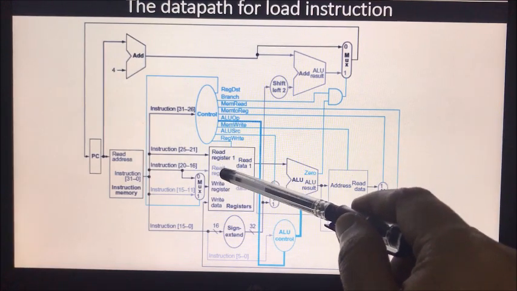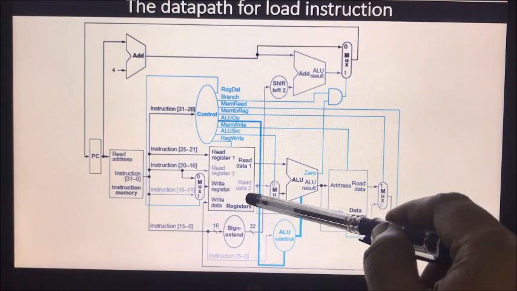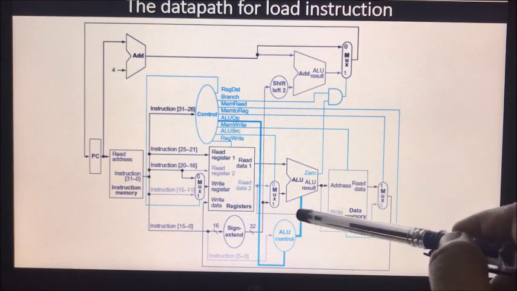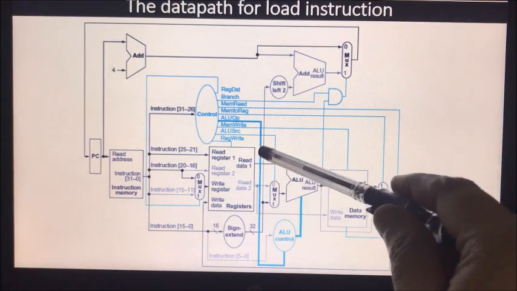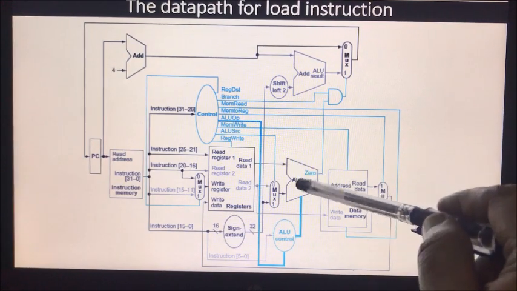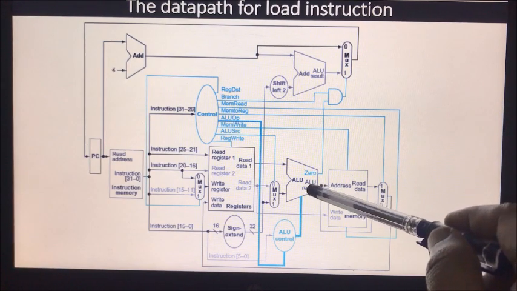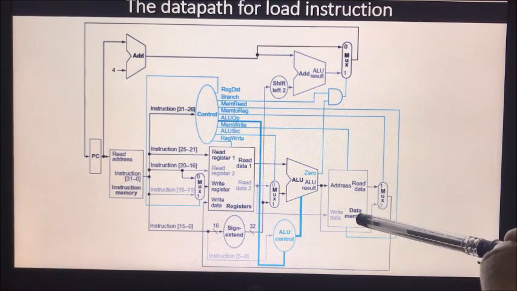As we don't have read register 2, obviously read data 2 will be disabled. So whatever is read from register 1 will be the input of the ALU. This offset value will be added to read data 1 to get the address of the operand. This address of the operand will be provided to the data memory.